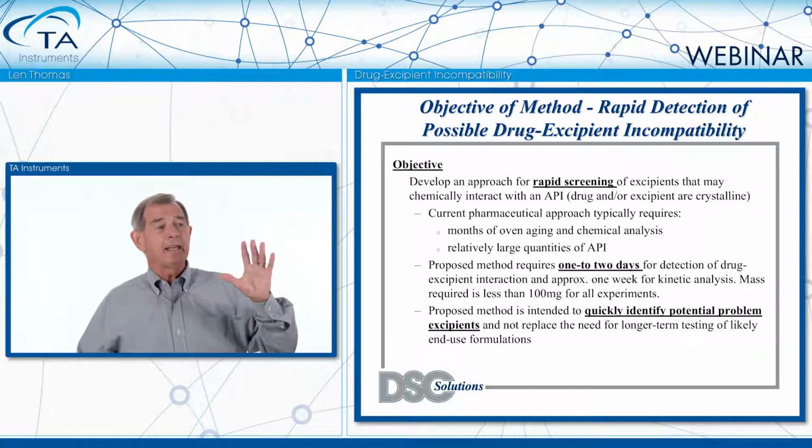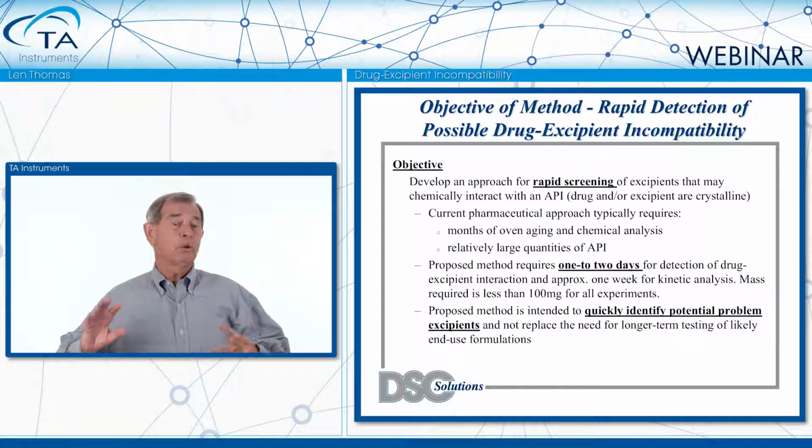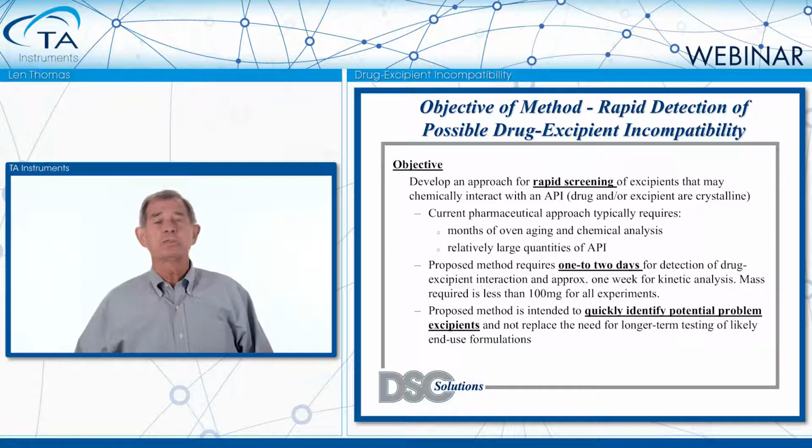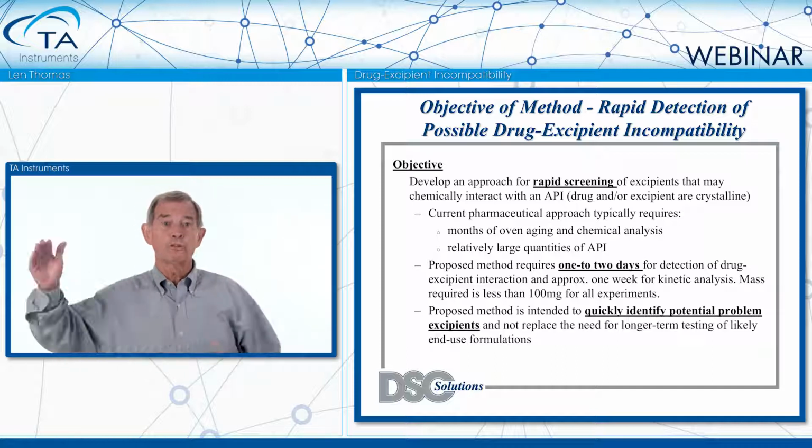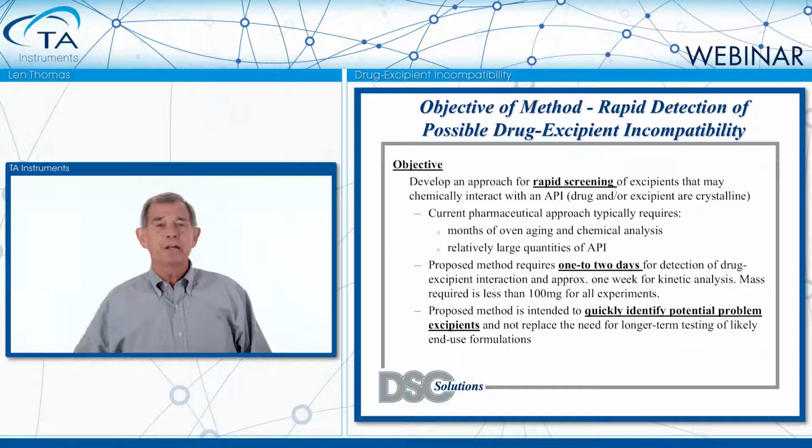Because what is currently done in most pharmaceutical companies is that in order to detect drug-excipient incompatibility, they make up mixtures of the drug and the excipient or excipients, put them in an oven, typically at a range of temperatures, and then periodically over time, over months, do chemical analysis to determine if something is changing or not.